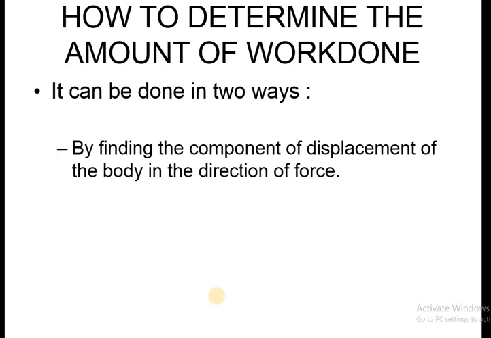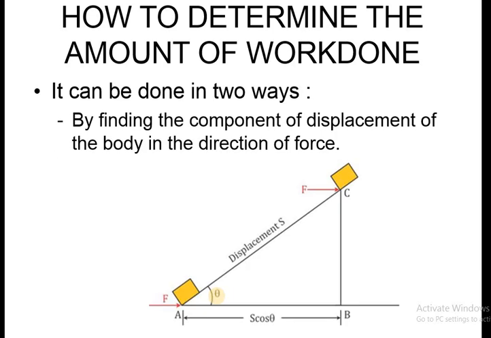Number one, by finding the component of displacement of the body in the direction of force. So we have to find out the component of displacement. Obviously, if the displacement is S, there must be two components. Here you can see a block and an inclined plane.